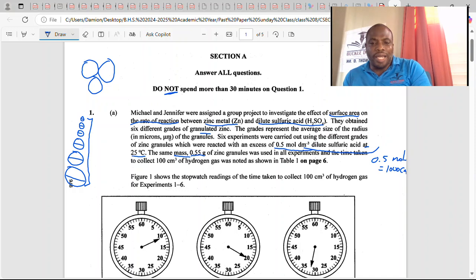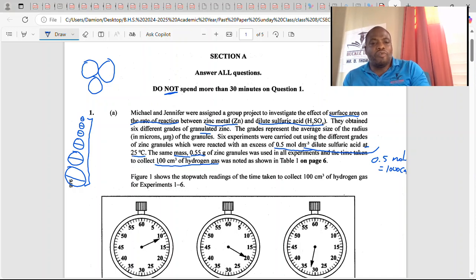So now, what are they using to judge? And what do we call that variable? We call it the responding variable.